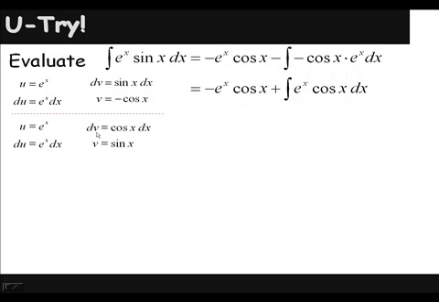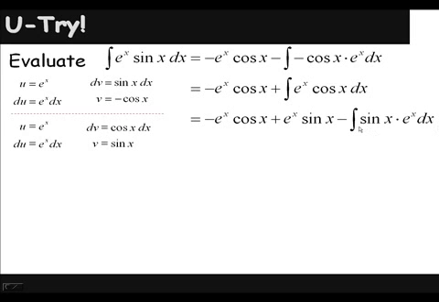And we take the antiderivative here. The antiderivative of dv is v. The antiderivative of cosine x dx is sine x. And we go ahead and write this out again. So negative e to the x cosine x plus e to the x sine x. This is the new u times v minus the integral of sine x times e to the x dx.